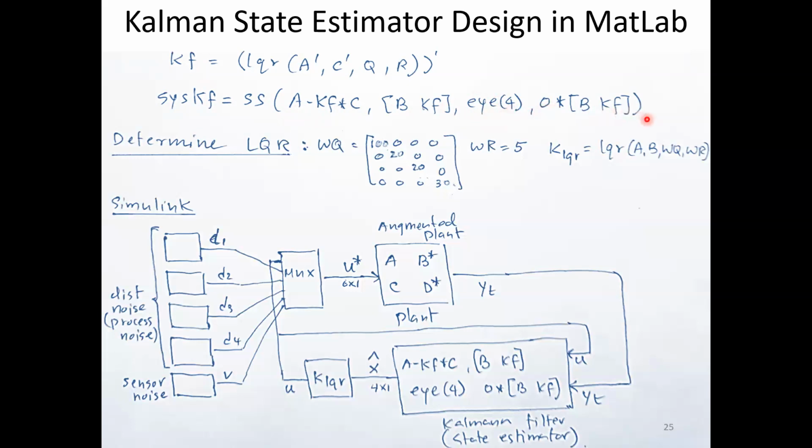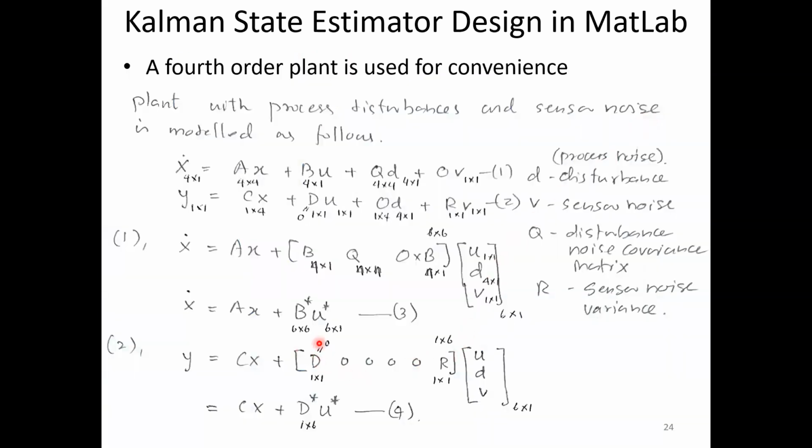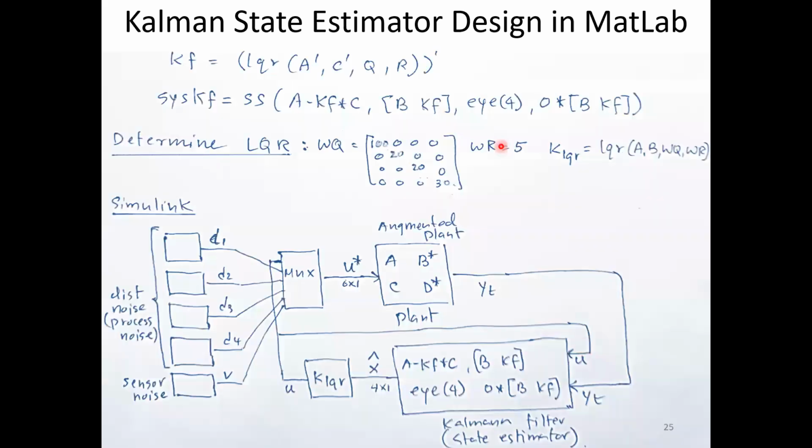So if you look at that, it is over here, right? You can see A star, B star, C, and D star. So if you recall this A minus kf times C, right, the state feedback, and B and kf, identity matrix, and again B and kf. If you put this format, you get the system based on the Kalman filter.